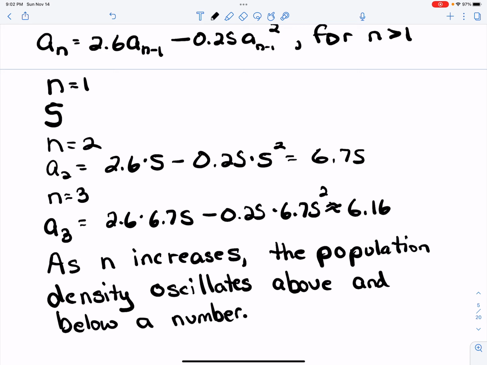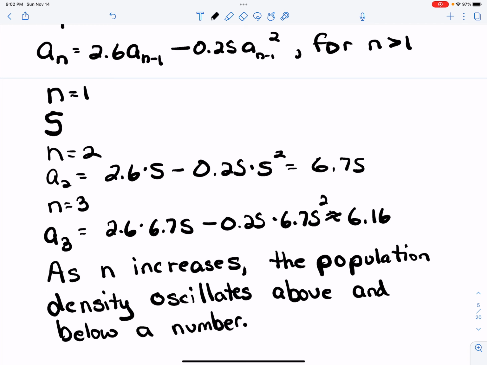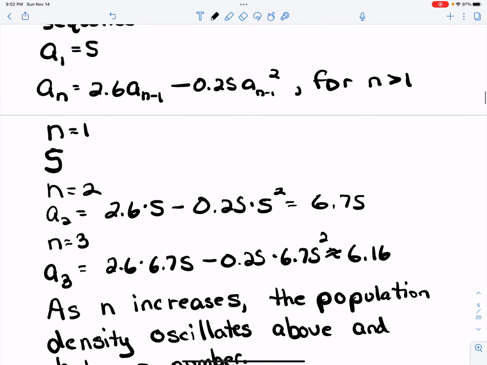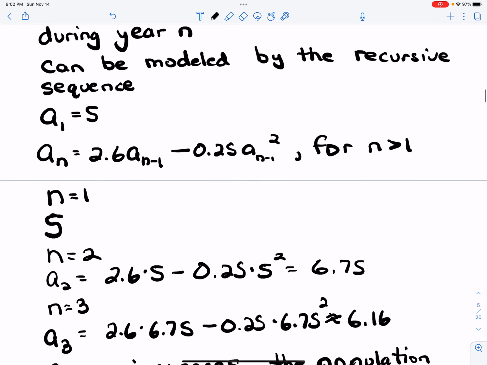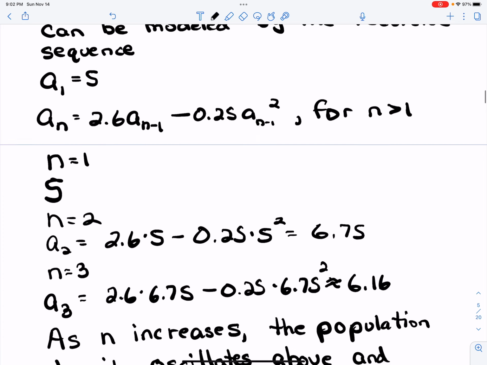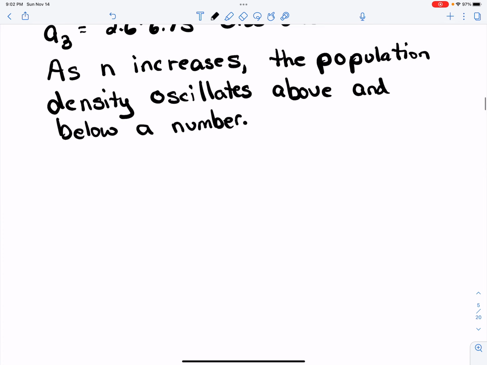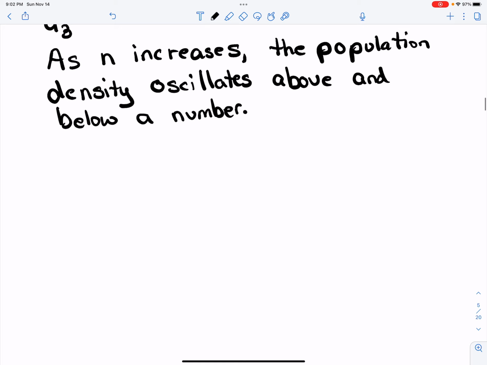And we can find that number by using a k, like a variable, in that a sub n model. Instead of saying a sub n and all that, we can say k equals 2.6k minus 0.25k squared. We want to figure out where it converges to if you keep going, as it gets bigger and bigger.